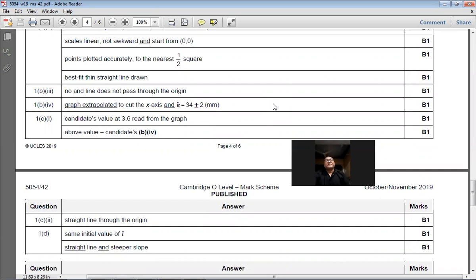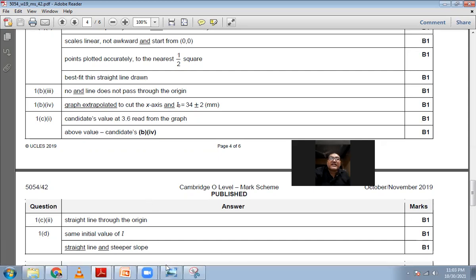Normally, whenever I do questions, I solve the paper, I check my answers, and I compare them with the marking scheme. This is what we try to teach our students also, so that they should always check and compare their answers with the marking scheme. Okay, so let's move to the next question.